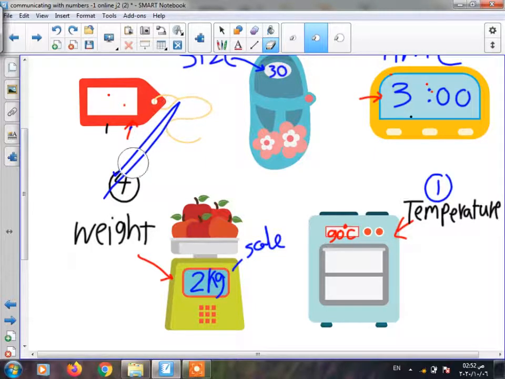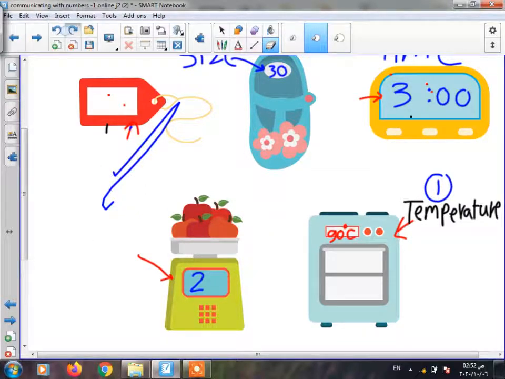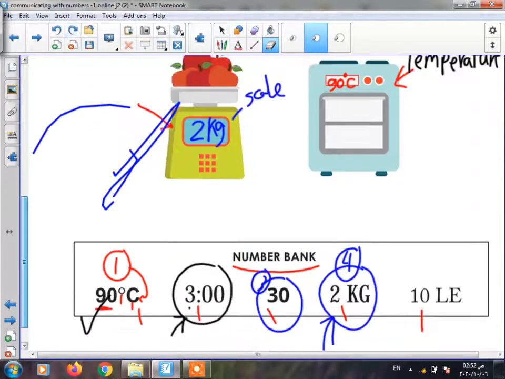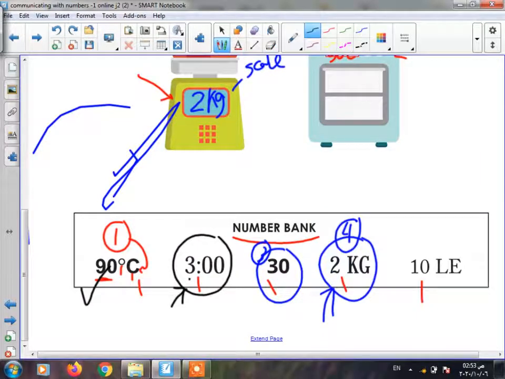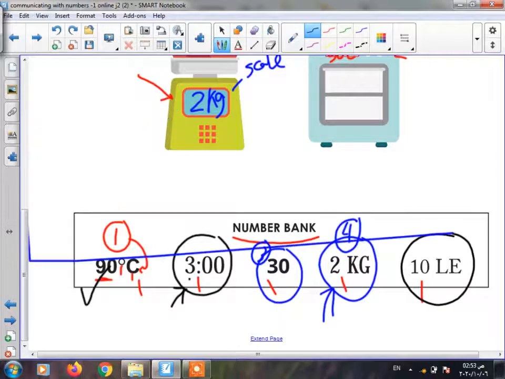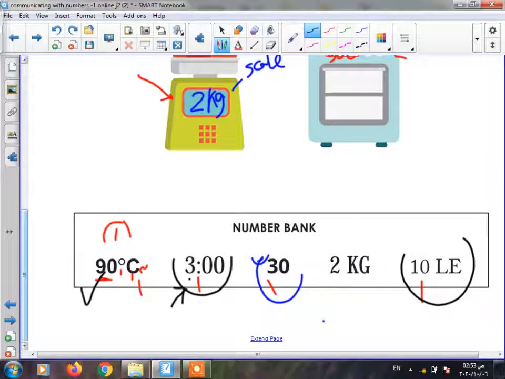Alright. Then the remaining one will be 10 LE. 10 LE will give me information about what?